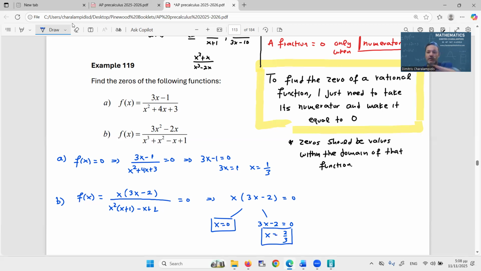That was the zero of the entire function. If the value we ended up with as a zero also makes our denominator equal to 0, then we would have to reject it, because we would say, and we would do that in the following video, that this is not even part of the function's domain.